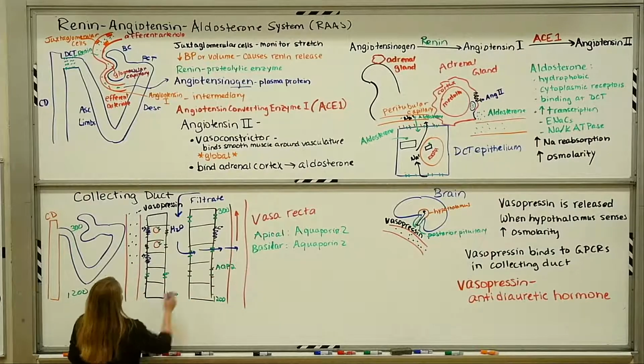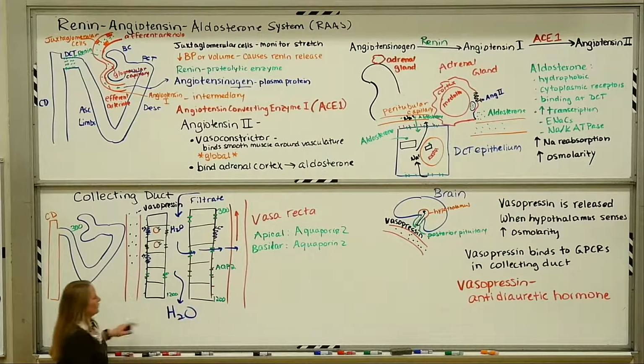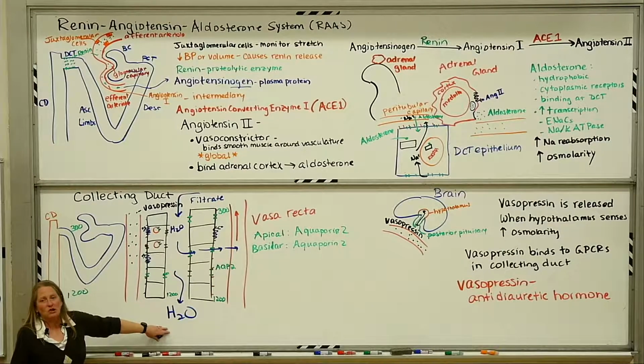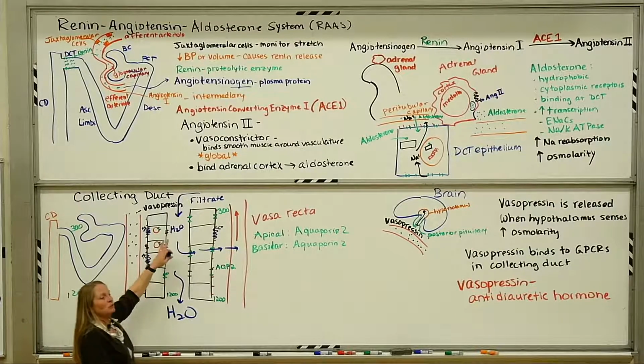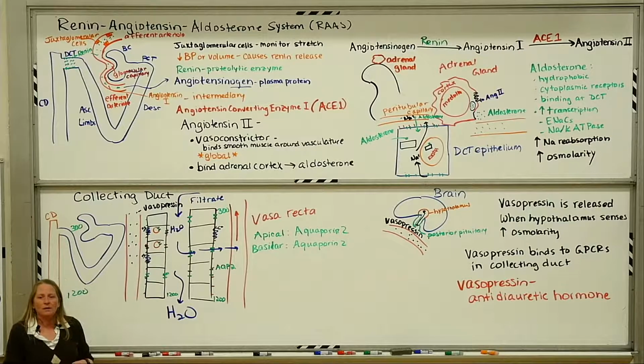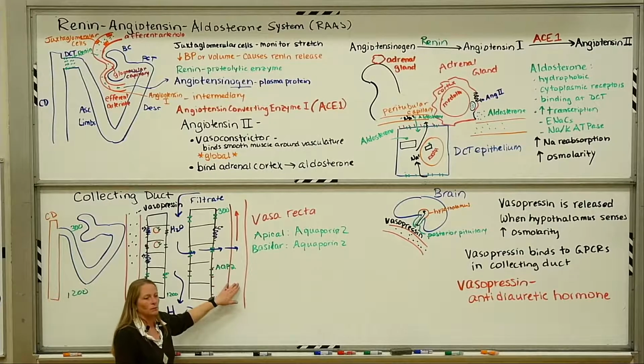More of the water now moves through and becomes part of your urine. So if you know anyone who's on a diuretic, especially in the beginning, they pee all the time, because they're blocking the ability to reabsorb as much of that water and instead just flushing it out of the system. By doing that, they decrease their total blood volume, and that reduces blood pressure.